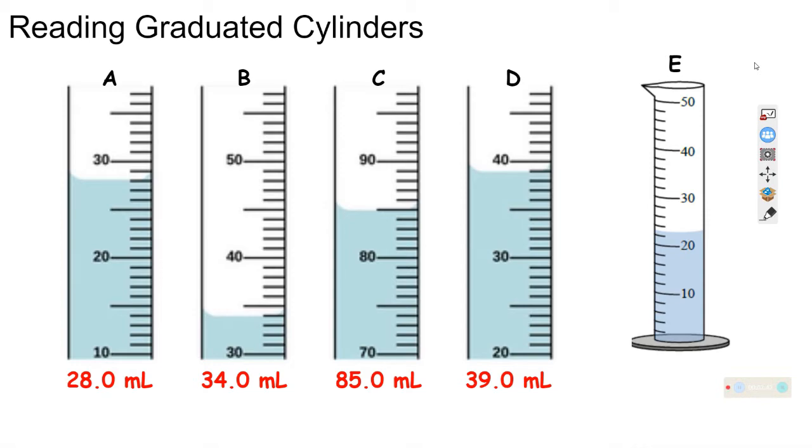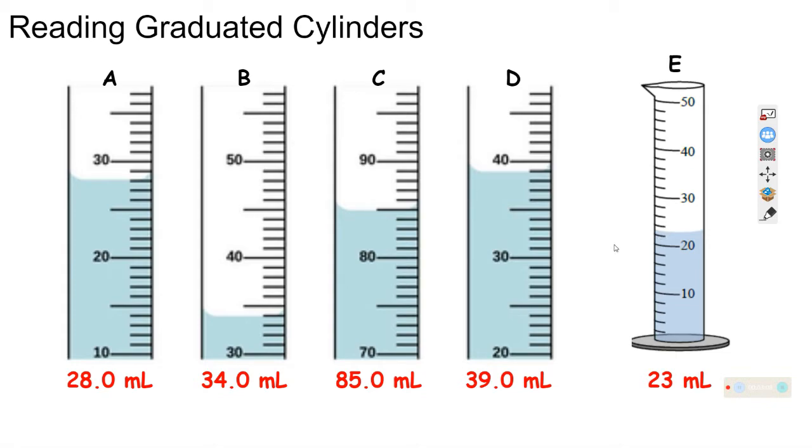The volume for E is actually 23 milliliters, no decimal place. And you're going to ask why. Well, when you read this, each graduation or each tick mark goes up by 2. 20, 22, 24, 26, 28, 30. The mark here, the water, is right in between 22 and 24.